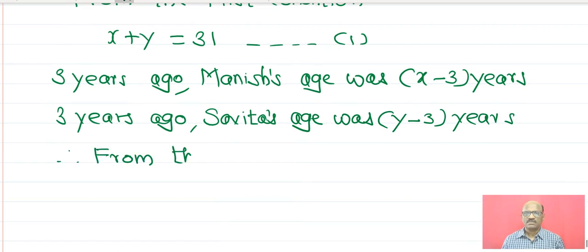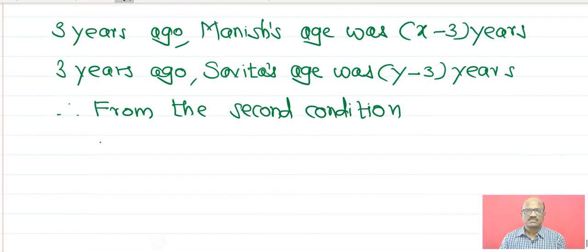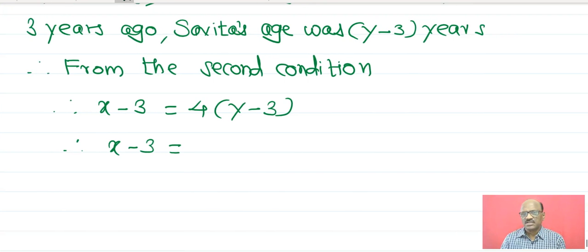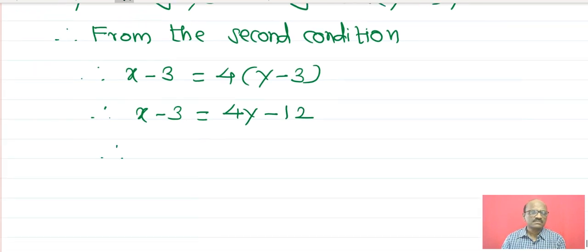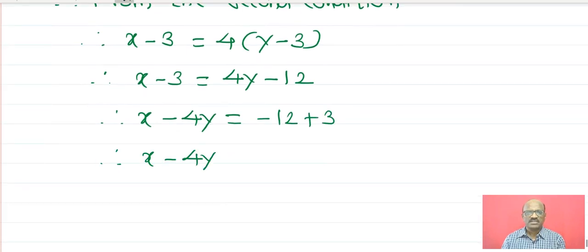Therefore, from this second condition, x minus 3 is equal to 4 in bracket y minus 3. That is x minus 3 is equal to 4y minus 12. Therefore, x minus 4y is equal to minus 12 plus 3, and that's why x minus 4y is equal to minus 9.